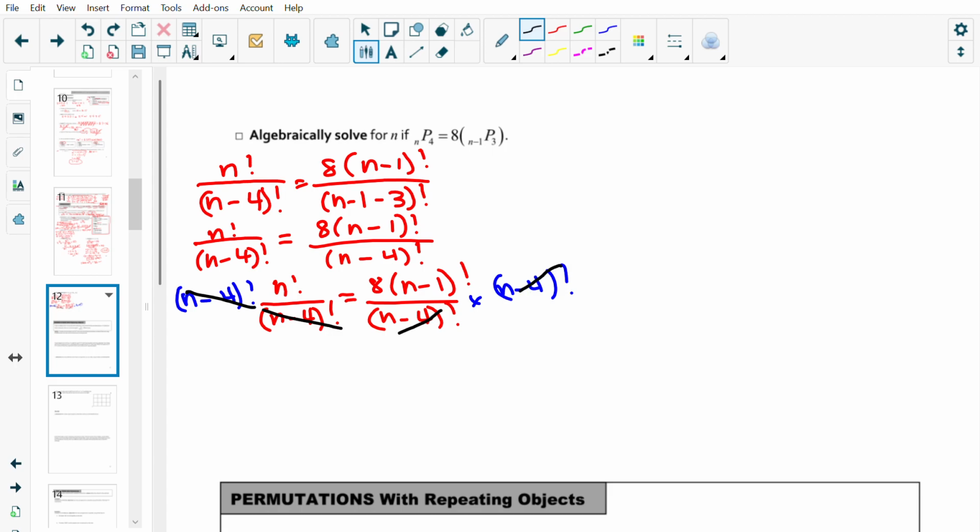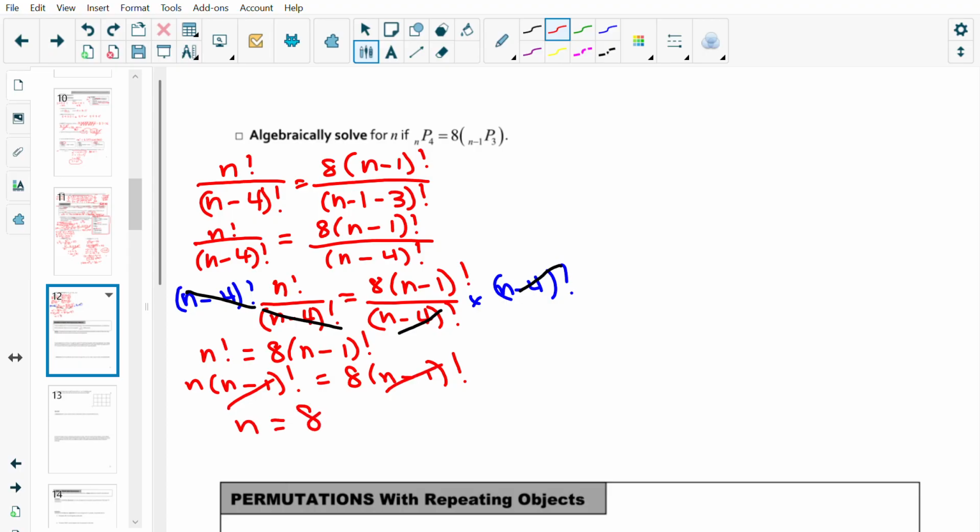Cancel, cancel, cancel, cancel. Right, so I'm doing the same thing to both sides. What do I have left on the left side? n factorial equals, oh, look at that, nice and clean so far. Got to deal with this. Left side, let's expand it. n times n minus 1 factorial equals 8 times n minus 1 factorial. I can divide out both sides, n minus 1 factorial. I'm left with n equals 8.